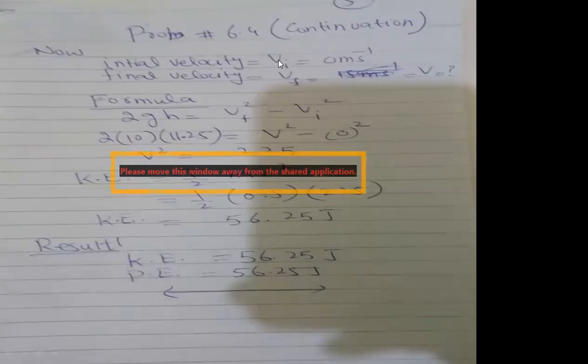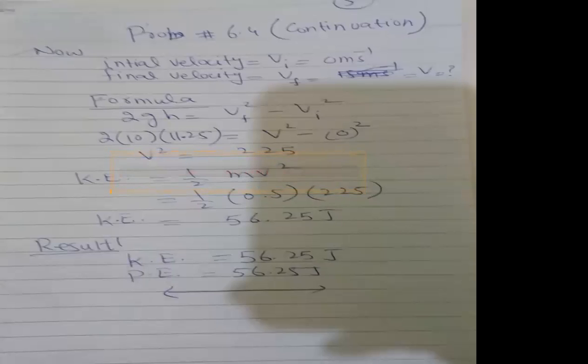In this case, the initial velocity will be 0 meter per second, because we didn't give any velocity to the ball. It is coming down automatically under the action of gravity. Initial velocity vi is equal to 0 meter per second and final velocity vf is replaced with v.